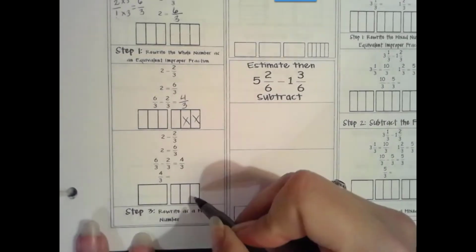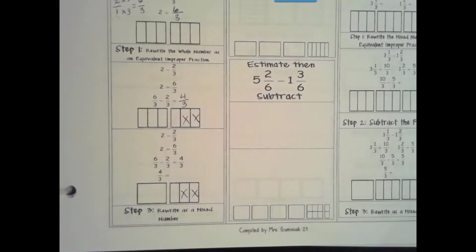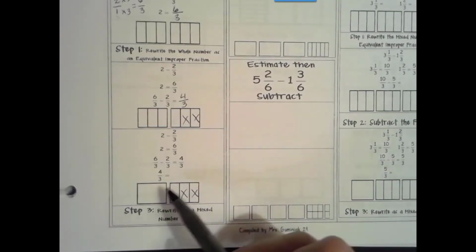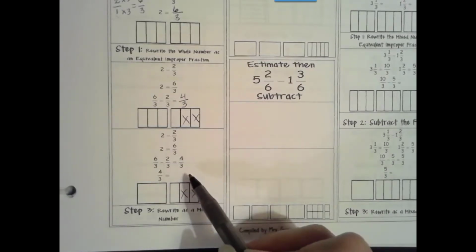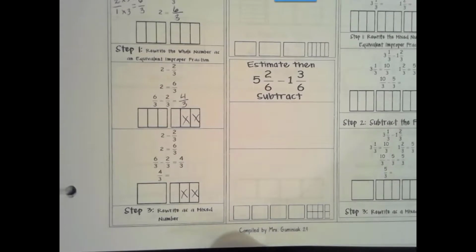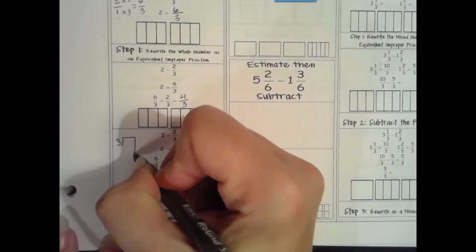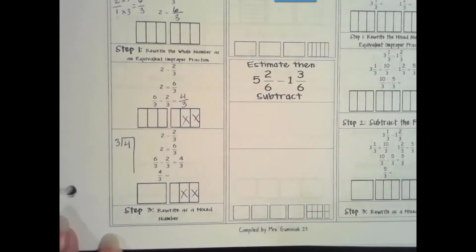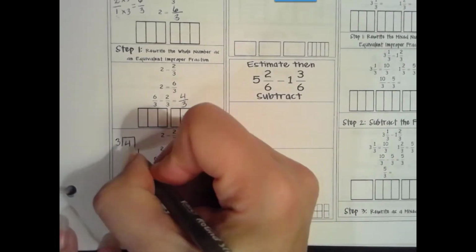Well, when I have those 2 thirds taken away, I want to be able to rewrite it as a mixed number. The 4 thirds is actually correct. That is a correct answer. But for somebody that may need to use this for something where they need to know the mixed number, you've got to be able to put it in that form as well. So how many 3's can I get out of 4? I could get 1 three out of 4. 1 times 3 is 3.